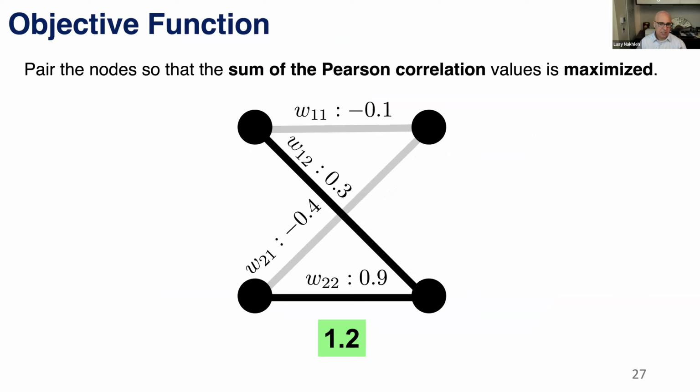So what we said is that we now need to find what we call a matching. For every node on the left, we want to match it to some nodes on the right, such that the sum of the Pearson correlations on the edges used in this matching is maximized. If you match the 2 nodes on the left to 2 nodes on the right, there are a few options for that. If you use the 2 black edges here, the correlations on them are 0.3 and 0.9, and the sum is 1.2.